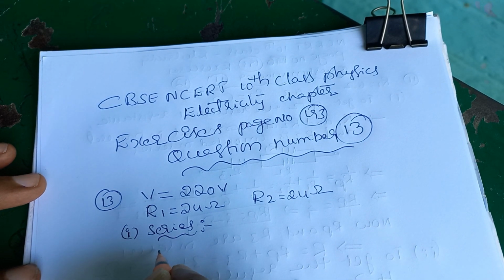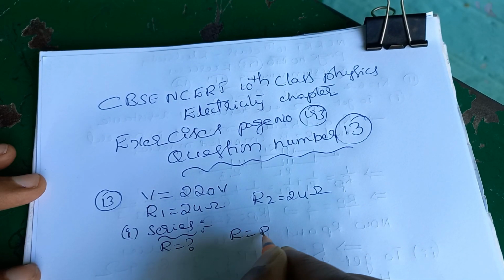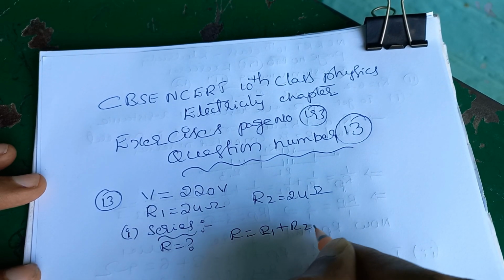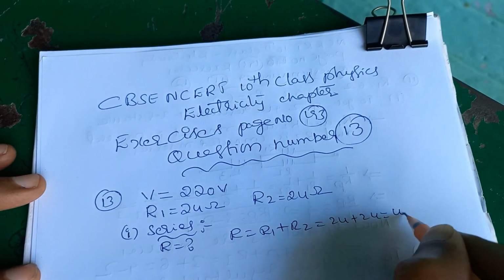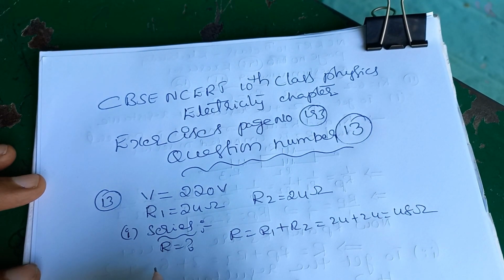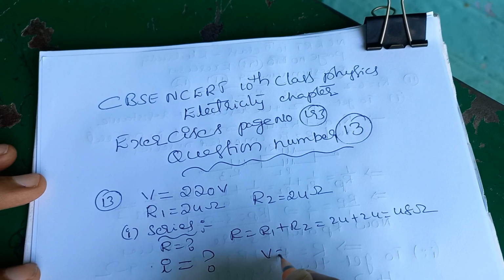So in series combination, what is the total resistance? You know R is equal to the sum of individual resistances, R1 plus R2, 24 plus 24, that is 48 ohms. Now we have a formula from Ohm's law, V equals IR.